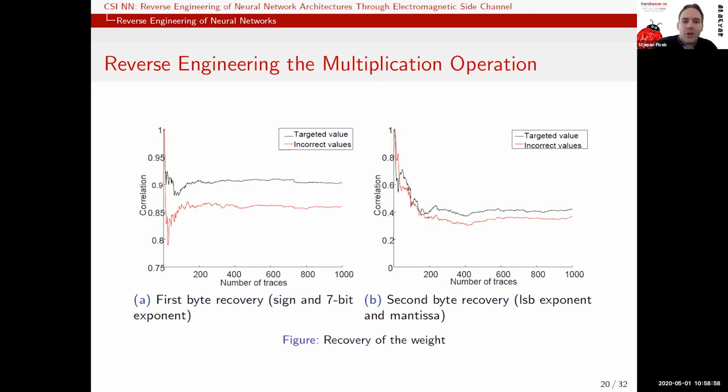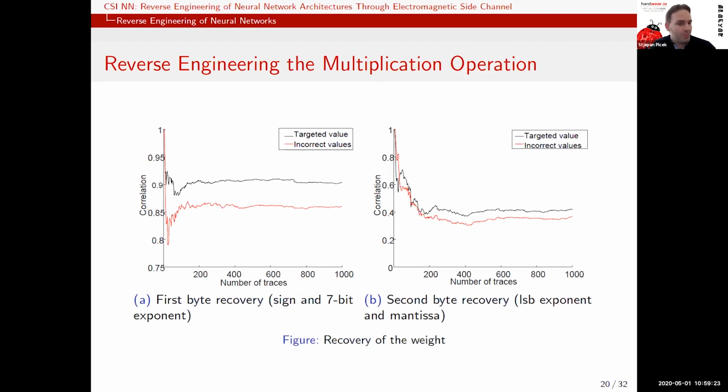The black line is the targeted value, the red line is the incorrect value. The black line is what you get when you have the correct hypothesis. The red lines are for the wrong hypotheses. On the left side, you see the picture for the first byte recovery, on the right side for the second byte recovery. So what can we see here?